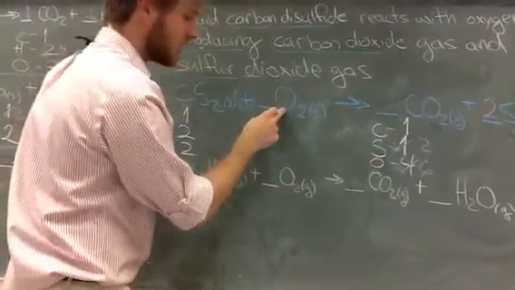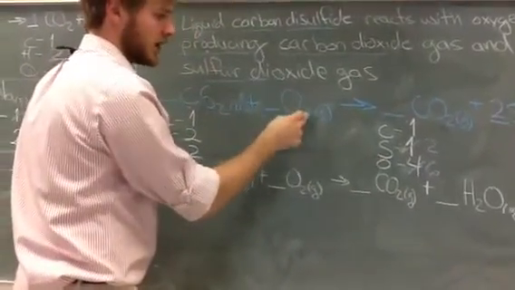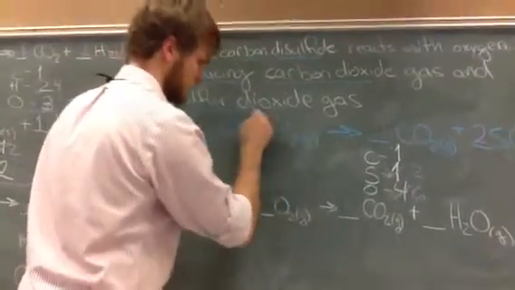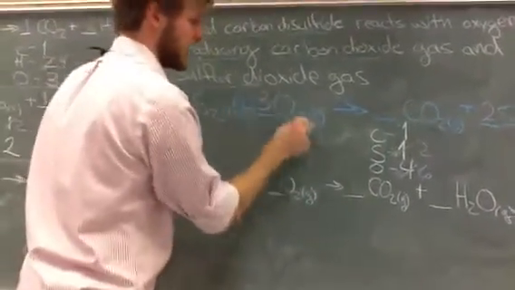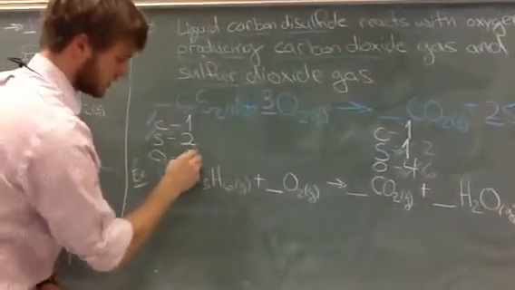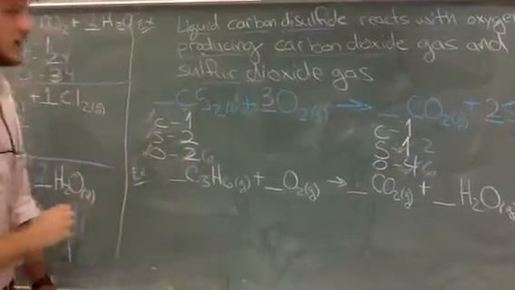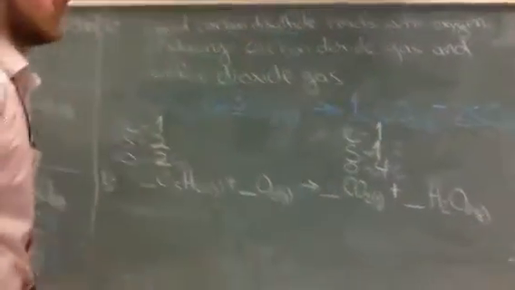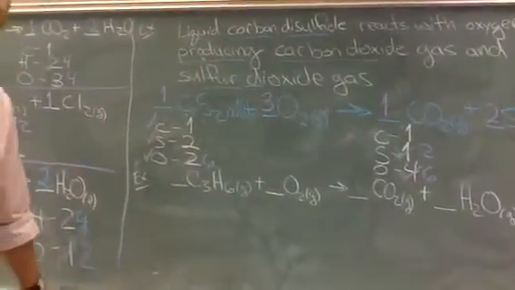The only open spot is here, so what times 2 gives me 6? 3. 3 times 2 gives me 6 oxygens. And remember, we like to add our 1s. Okay, that's a pretty complicated one.